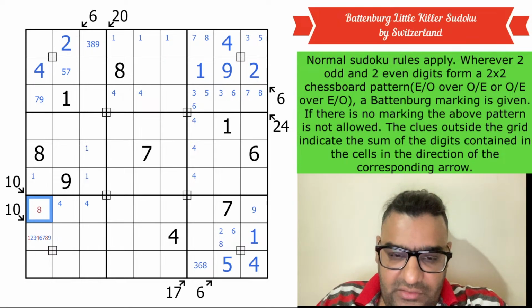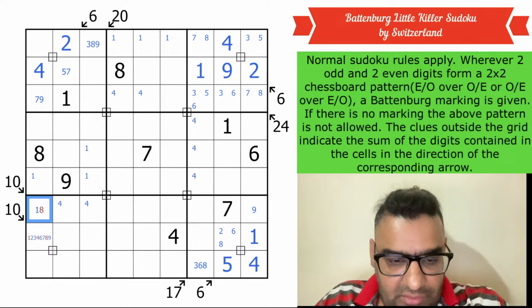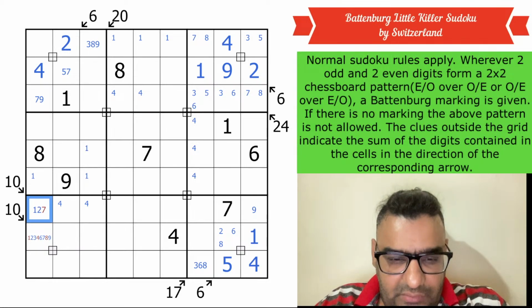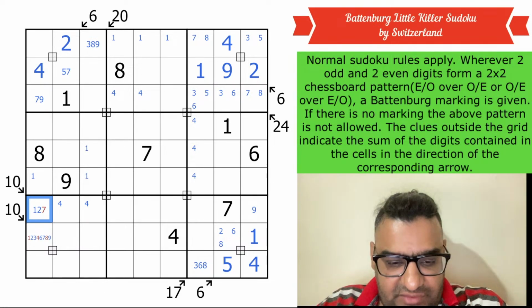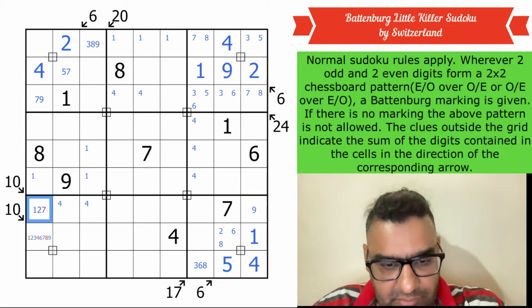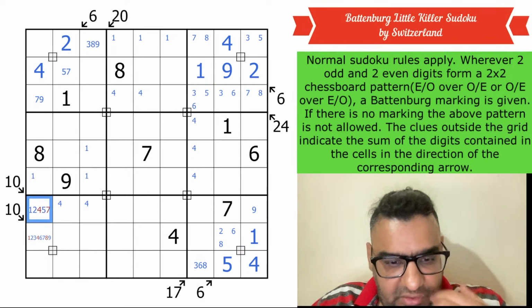If 8 is there, 1 is there, it is equal to 9. We cannot add any other number. If we add 2, it would be 11. No. 7, 1 and 2 can be 10. 7 and 3 can be 10. No. Where would be the number? 5 and 4 is equal to 9. 5, 4, 9, and 1 can be there.